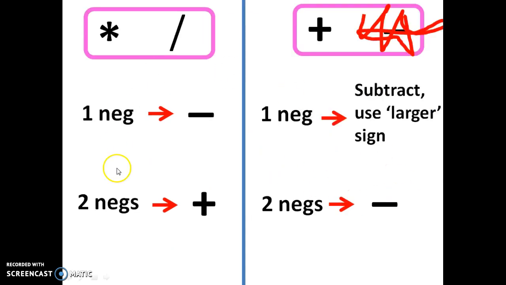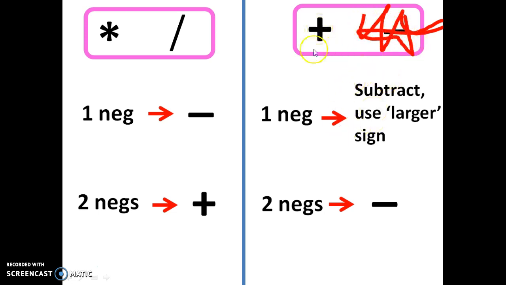So just to review here, when we multiply and divide, if one of our integers is negative, our answer is negative. If both of them are negative, then our answer is positive. And when we are adding, and we crossed out subtraction because we changed subtraction to addition, we add the opposite.